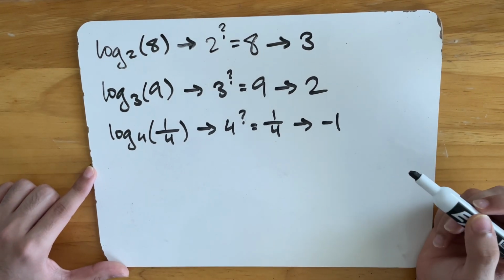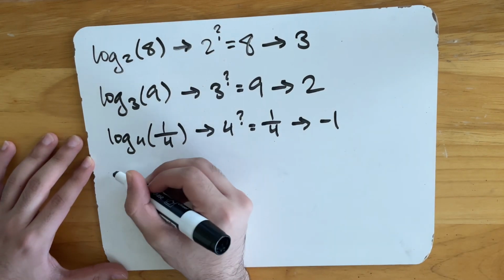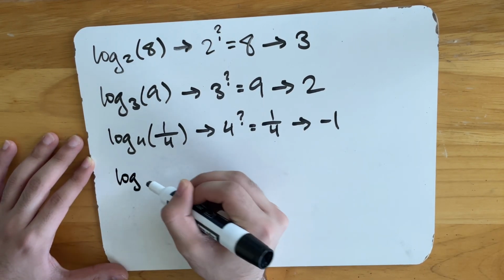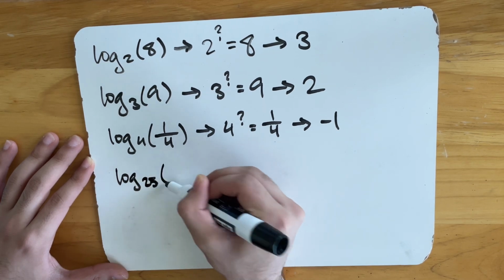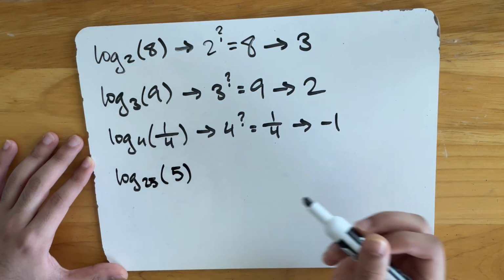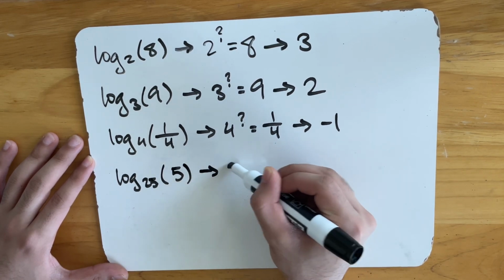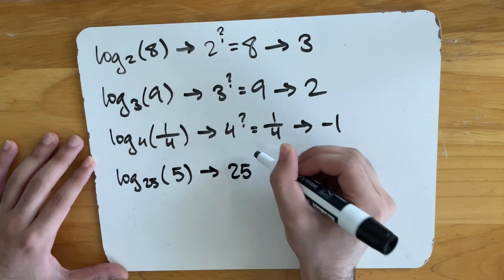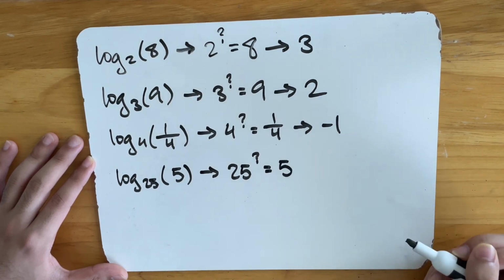Let's try another one. Log base 25 of 5. Alright, this is even harder. So once again, I'm really asking the same thing: 25 raised to the power of what is equal to 5, right?